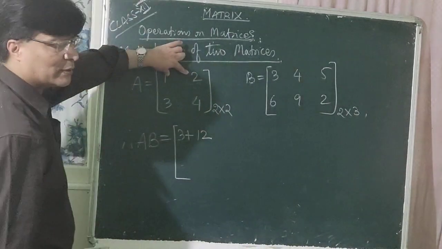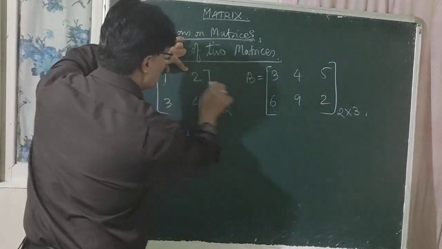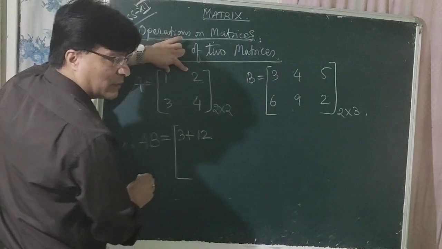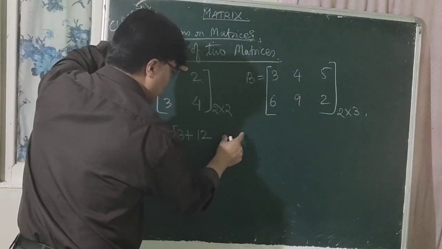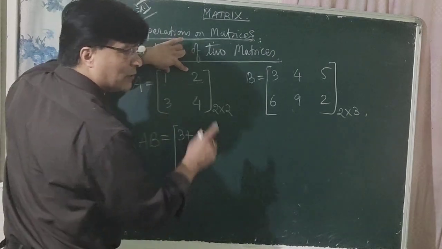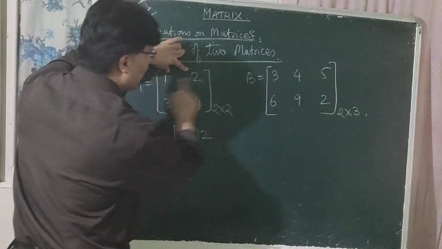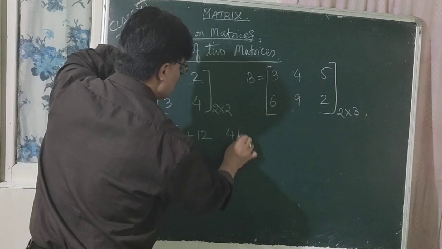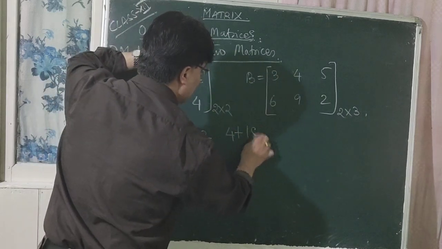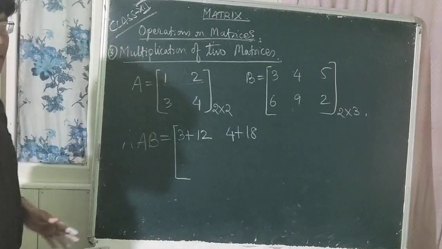What will be the second element of the first row? Again, this first row is multiplied by the second column, and you should write it in the second element of the first row. That is 1 times 4 is 4 plus 2 times 9 is 18. That is, corresponding elements are multiplied.